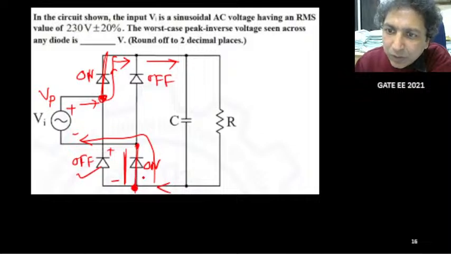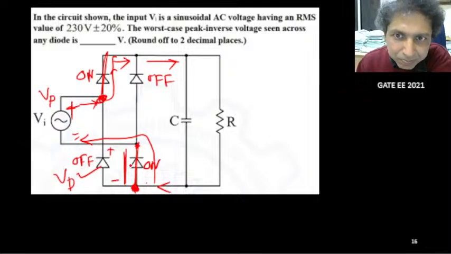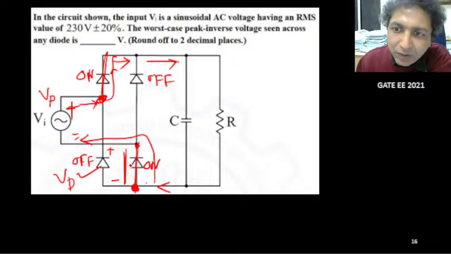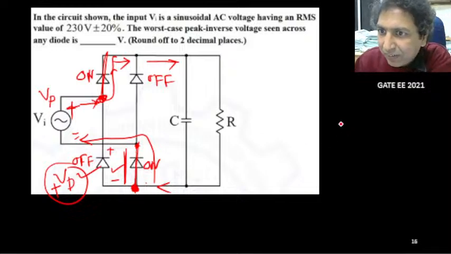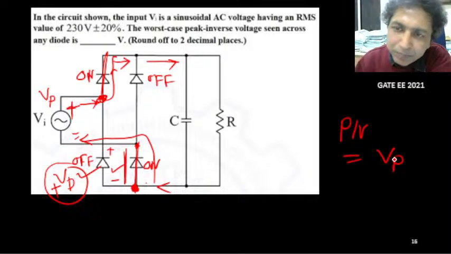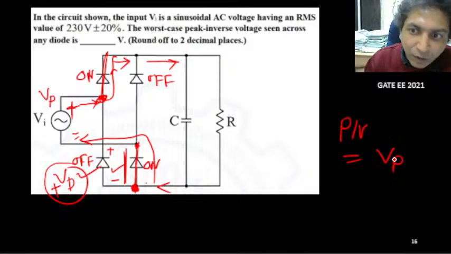So this end to this end potential is again Vp. Can you see this? Because this end potential is Vp, across this diode the potential will be Vp. So Vp will develop across this diode because now it is in off condition, but the peak voltage is Vp. Thus the peak inverse voltage PIV is simply Vp.